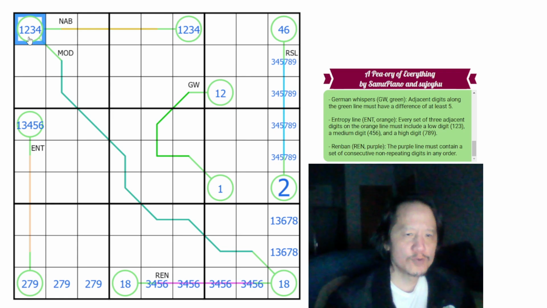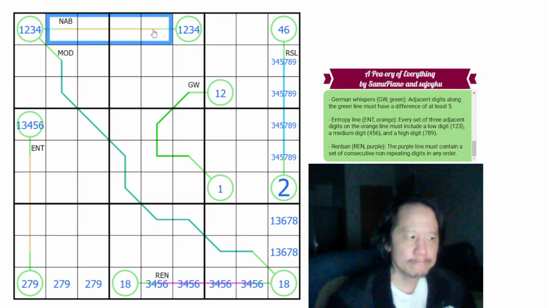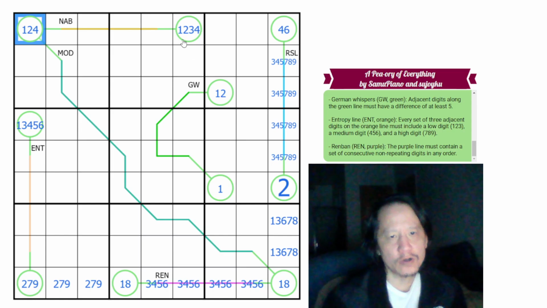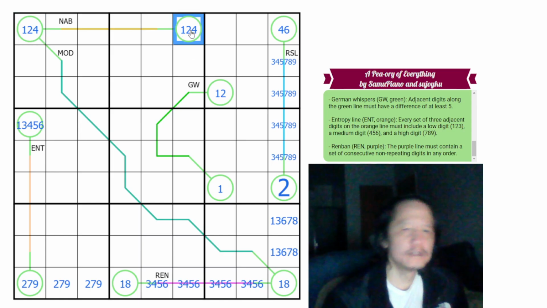So you could have 24. 24 works with 3, 5, 7, 9. 23 unfortunately does not work because you need a 2. It has to be specifically 2, 5, 7, and 9. So 23 does not work. 21 does work, though.